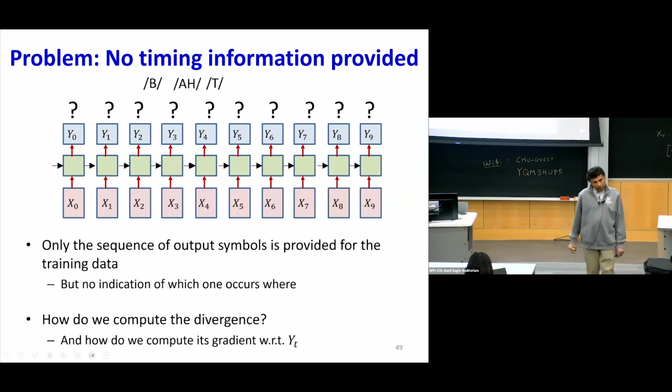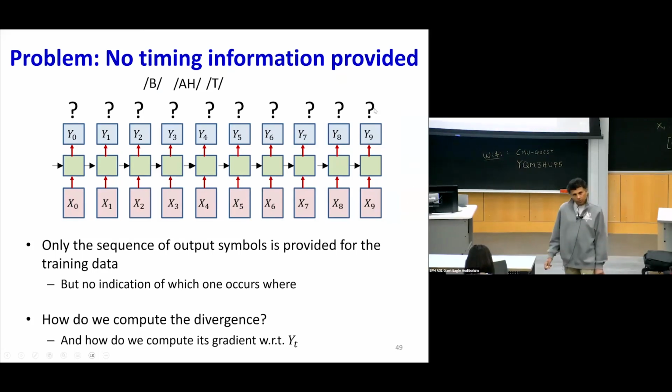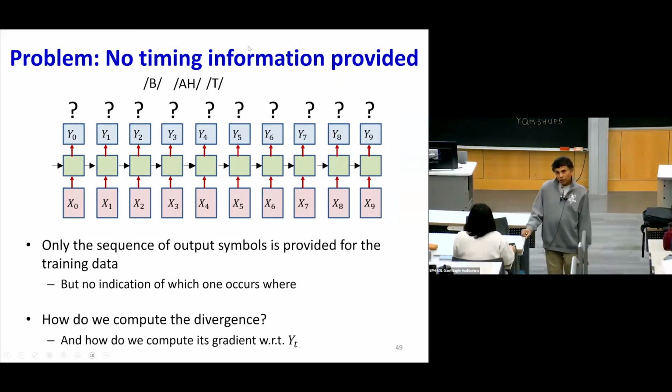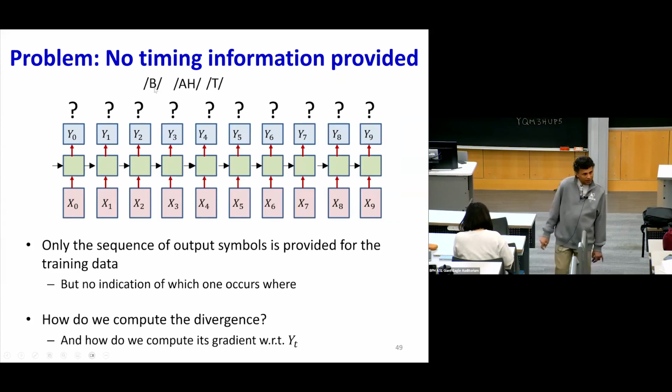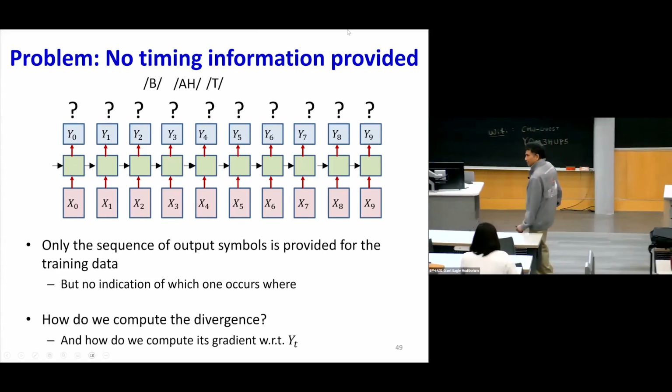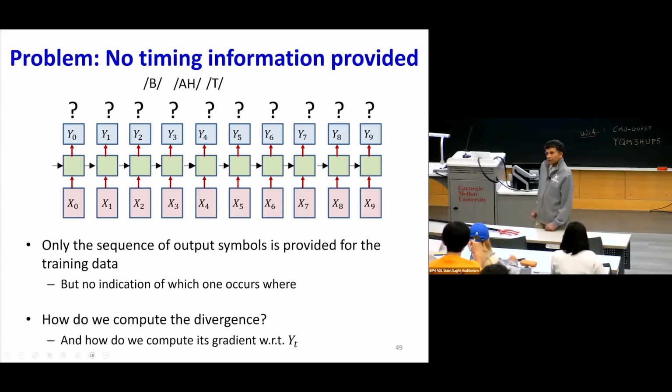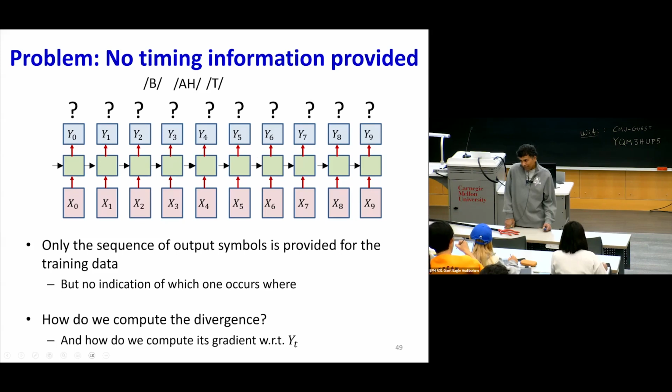You're just given the recording, you're told that this is the recording for the word but. Compute the divergence. So what would you do? Or train the model. What would you do? Anyone? Try everything, that's like factorial. Try everything. That's actually a very good answer. But if you're trying to be an engineer, you probably guess the alignment, right?